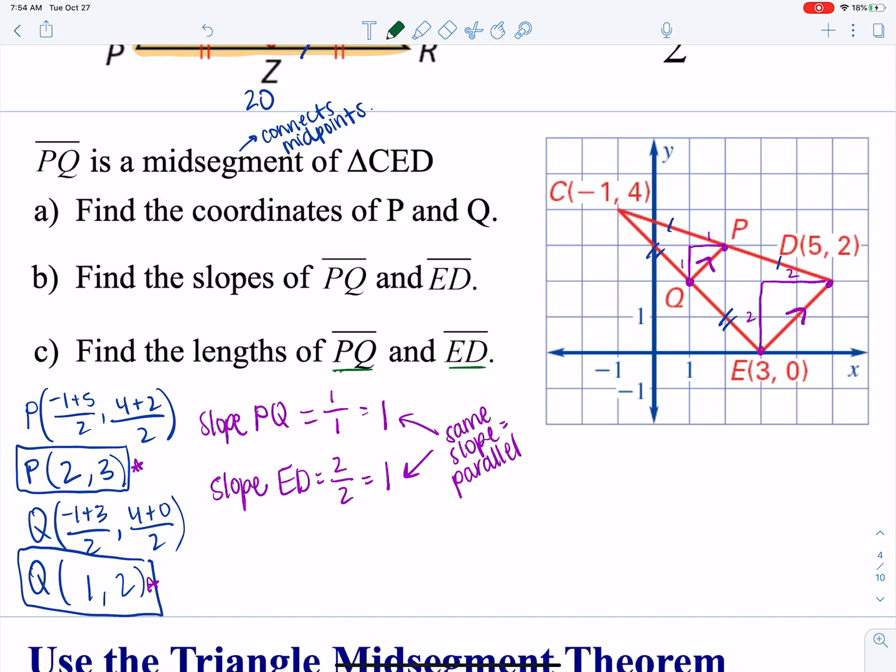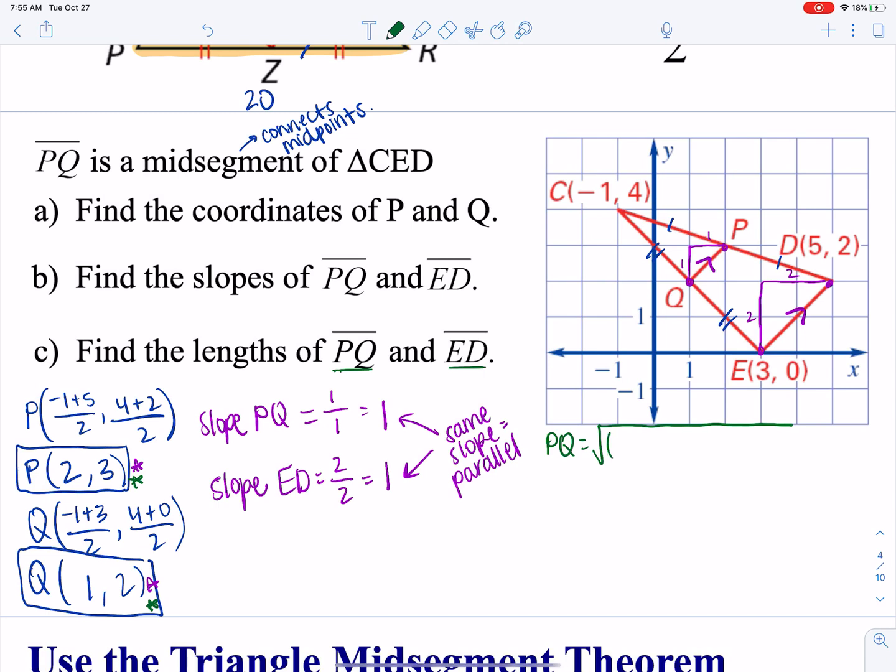So let's find those lengths. We need to do the distance formula to find the length of PQ. I'm using my coordinates that I found in the first problem.